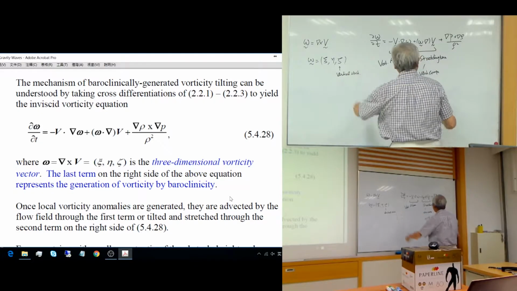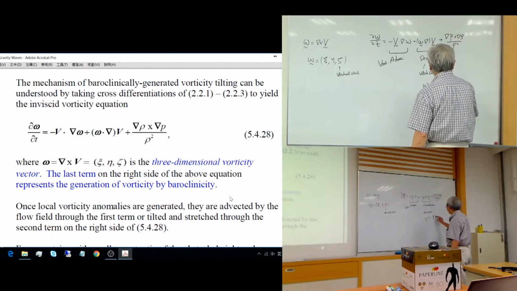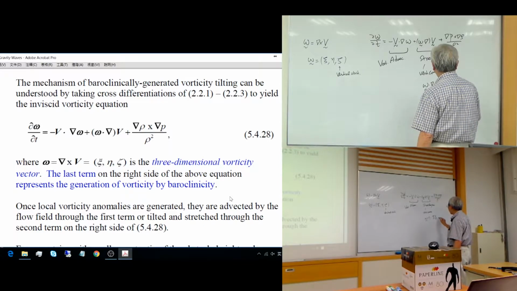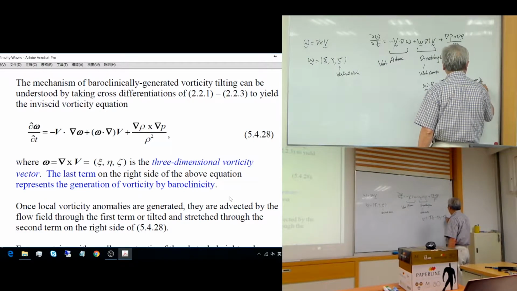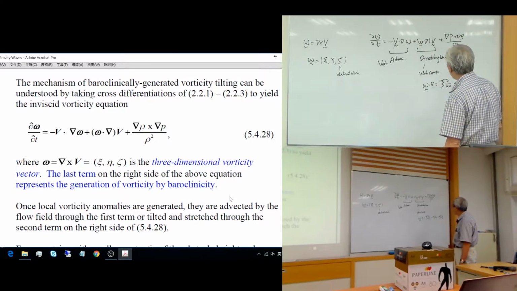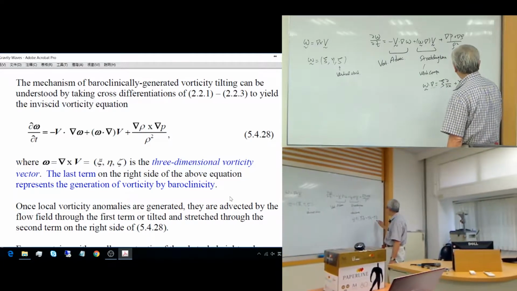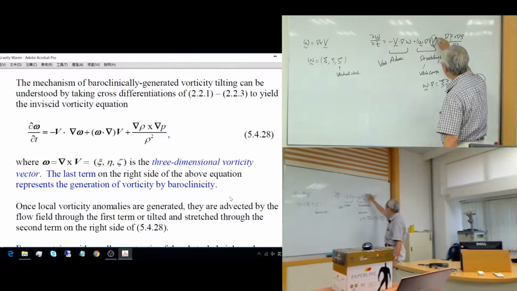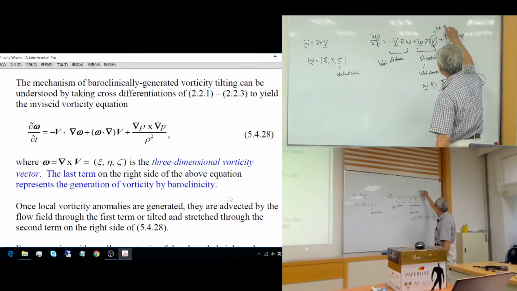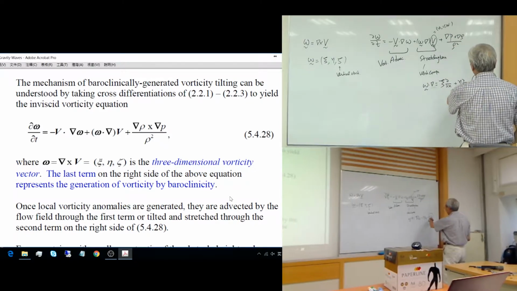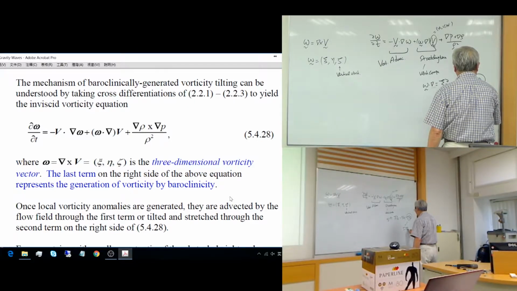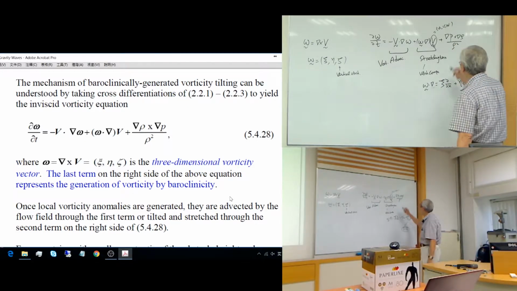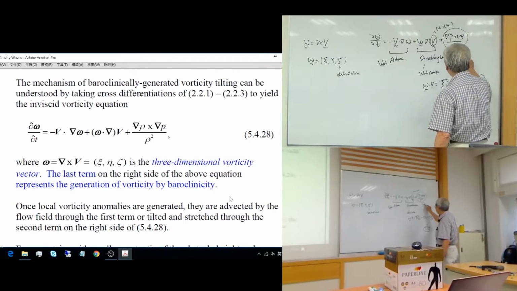We have three components: xi partial x, plus eta partial y, plus zeta partial z, and then v has three components, u, v, w. So the vertical component will give us zeta partial w partial z. So this is the stretching term, and this is called the solenoid term.